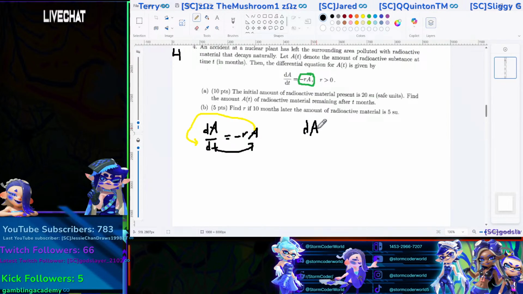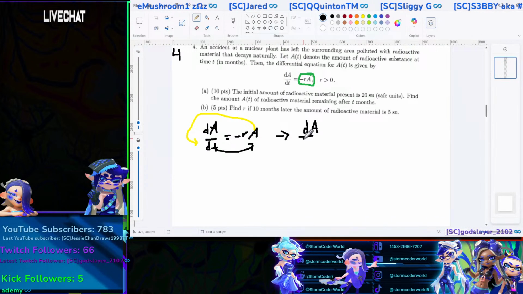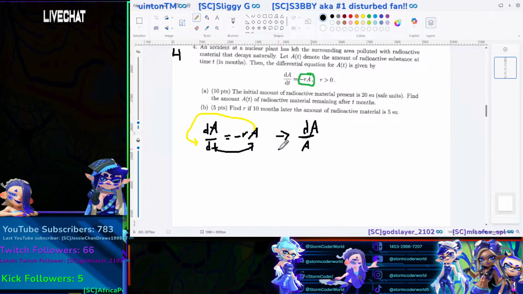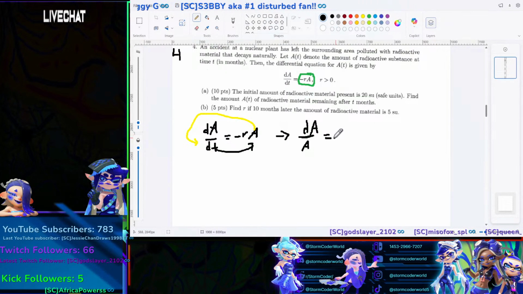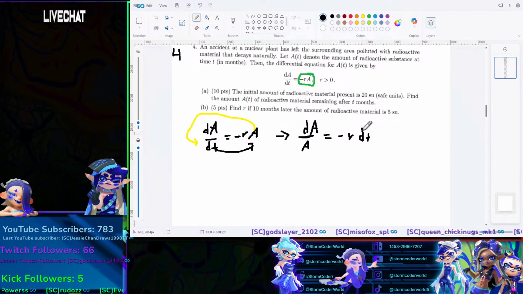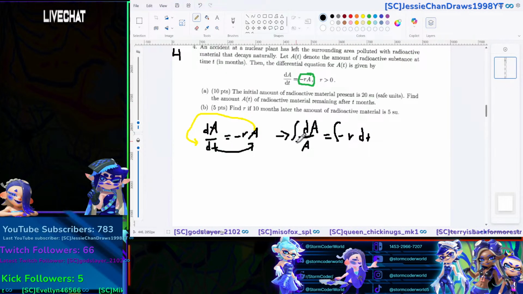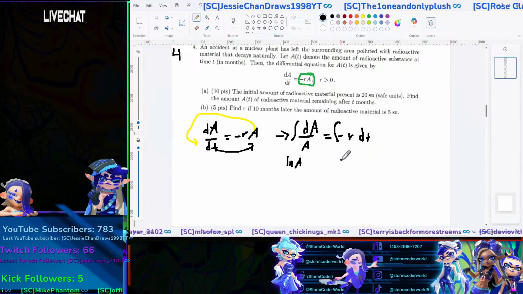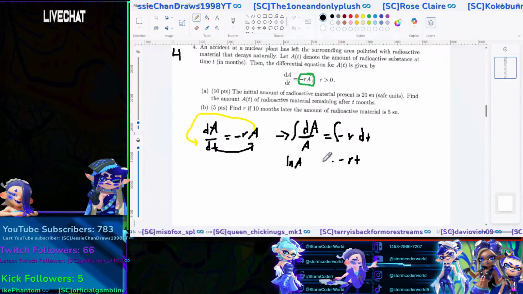So I'm going to rewrite the function this way over A. I'm going to keep the negative on this end. And then I will have this equal to -r dt. Now just from an integration perspective, I have ln A on one end, and I have -rt on the other end.